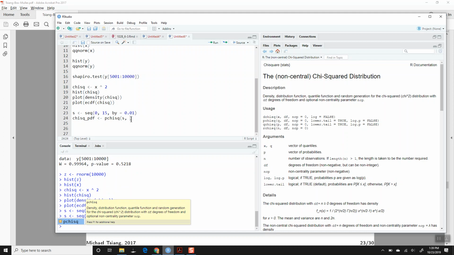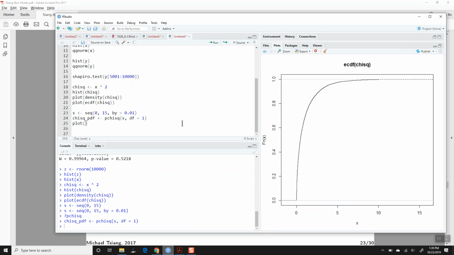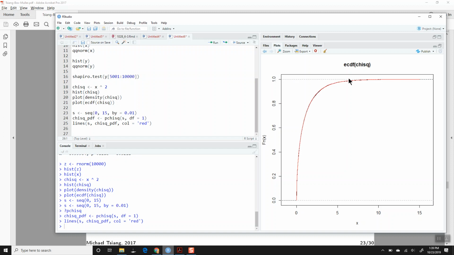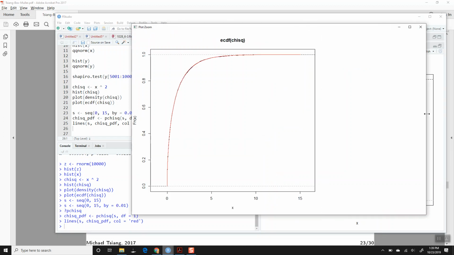Oh no, I have to specify, with df equal to 1. Okay, we'll plot and add the theoretic one to this: lines of S and chi-square PDF, color equals red. And that lines up almost perfectly, right?